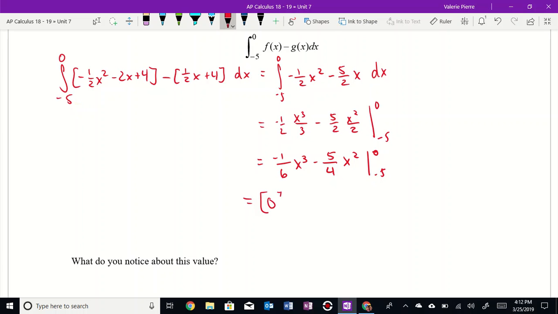When we plug in 0, we get 0, and subtract from that negative 1/6 times negative 5 cubed minus 5/4 times negative 5 squared. Plug that into a calculator and we get 10.417.